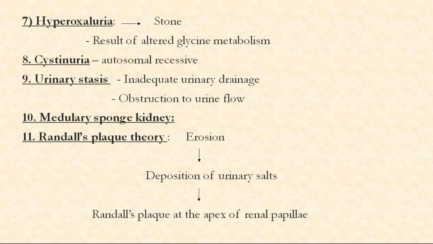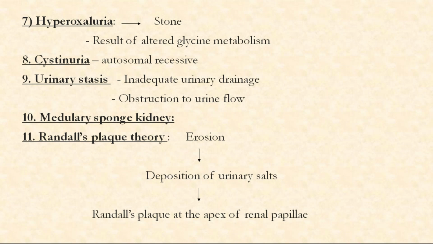What is Randall's plaque theory? Carr's theory and Randall's plaque theory suggest how stone formation occurs in the kidneys. What is Randall's plaque? First, erosion can occur in the renal papilla, either cortex or medulla.